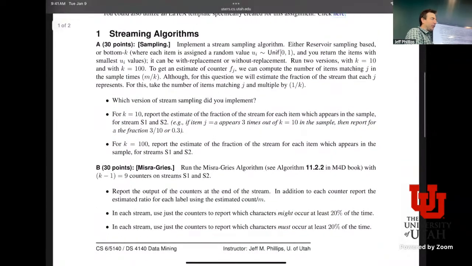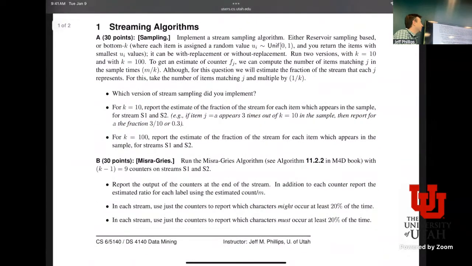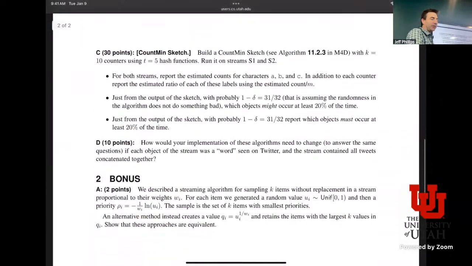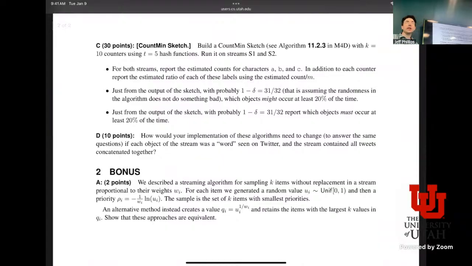You'll be doing 3 algorithms, estimating the frequency of items, which are the most frequent items, using sampling, Misra-Gries, and the count-min sketch. Each of them is pretty straightforward to implement, so I think it shouldn't be too bad.